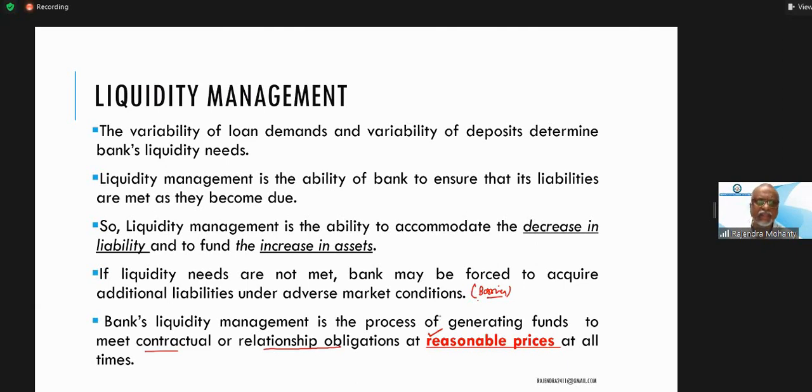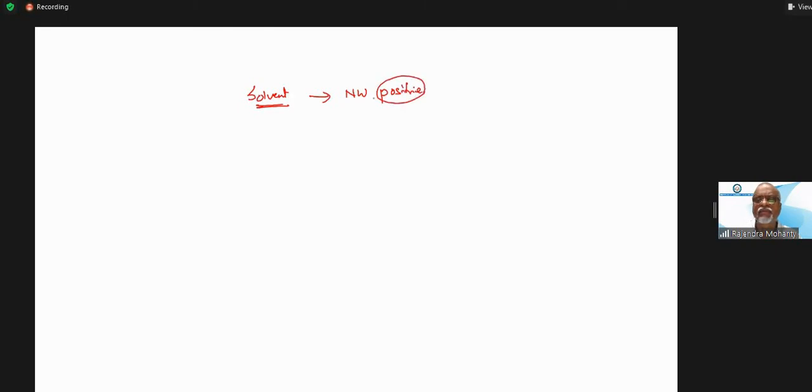Okay. Another thing that is more important about liquidity management is why liquidity management is so important. Because we know that a bank is called solvent. A bank or any business will be called solvent as long as the net worth of that business or bank is positive. As long as net worth is positive, it is called solvent.